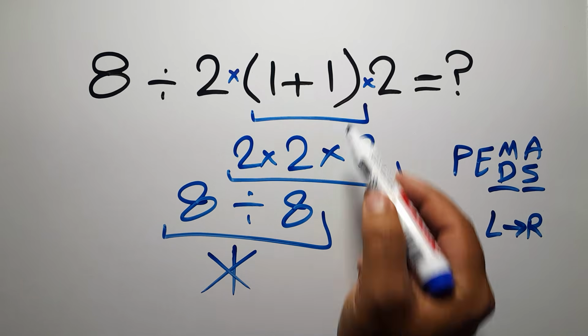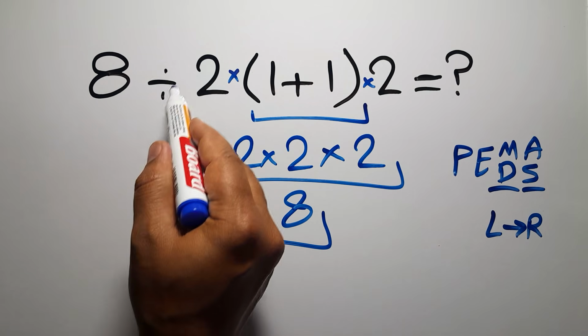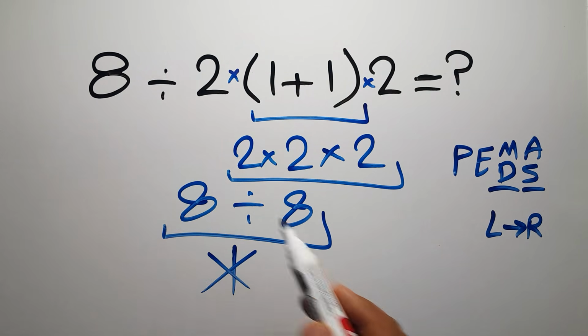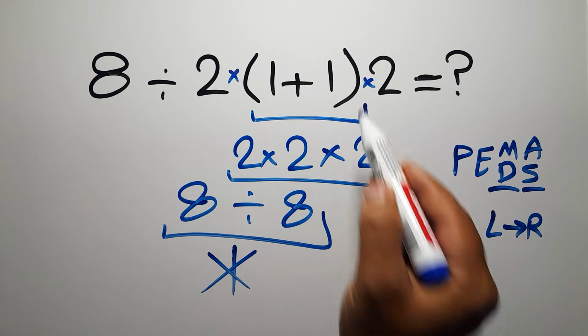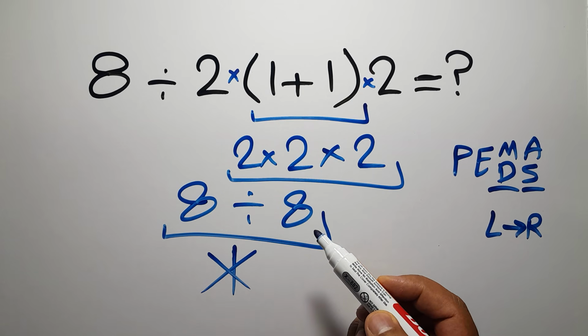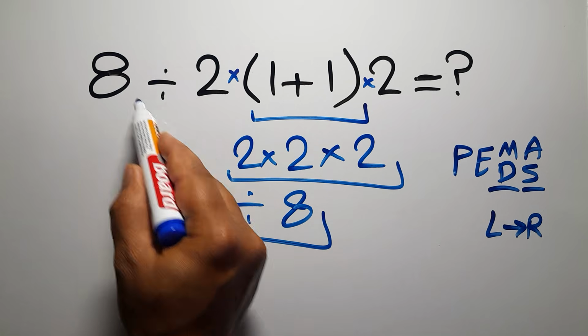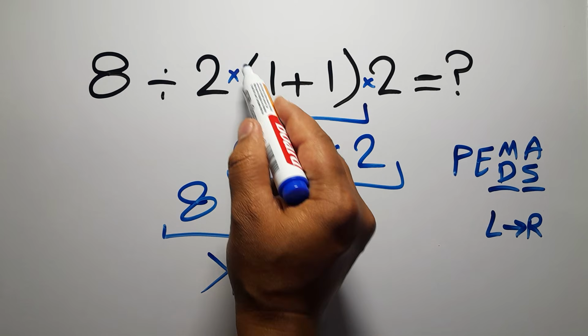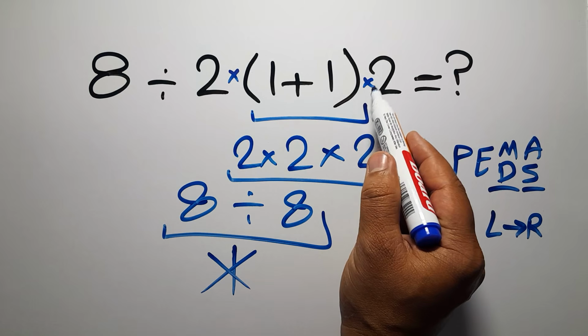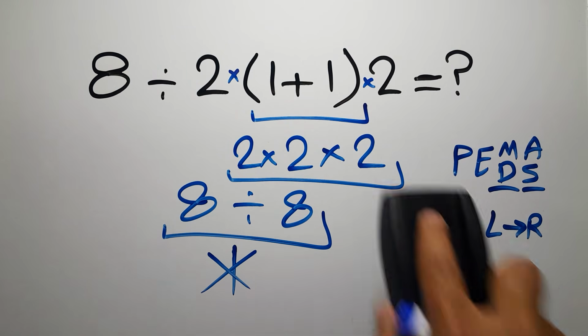So after this parentheses we have to do this division, not this multiplication or this multiplication. Okay, so therefore first this parentheses, then this division, then this multiplication, and finally this multiplication.